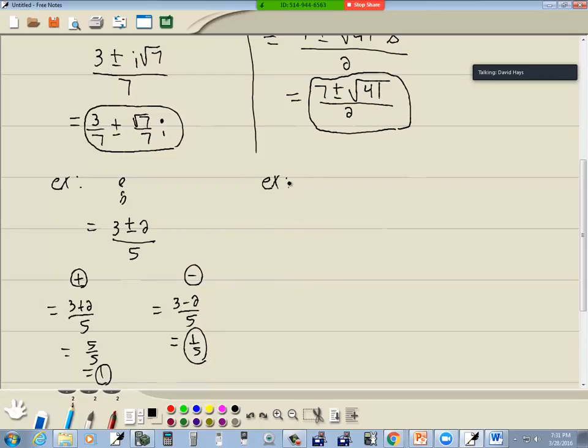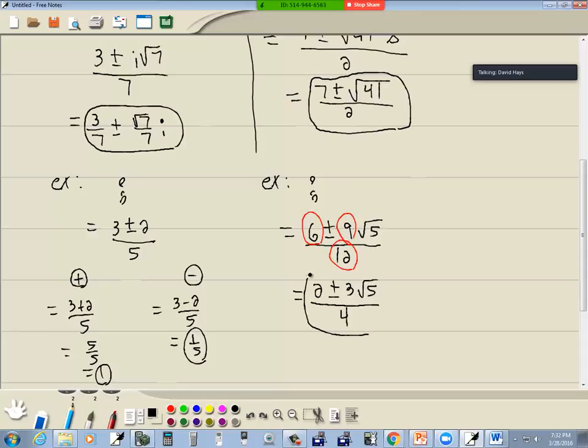What that looks like is if I'm working a problem down and I get it down to this point here, I got 6 plus or minus 9 square root of 5 over 12. If you can divide this number, this number, and this number by the same number, do so. Well, those are all divisible by 3. 6 divided by 3 is 2, plus or minus 9 divided by 3 is 3, square root of 5. And 12 divided by 3 is 4. And that would be our answer.